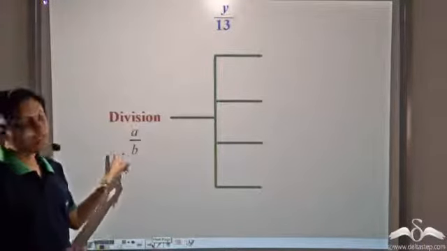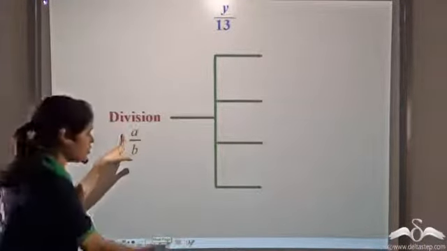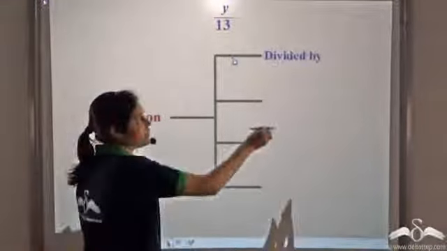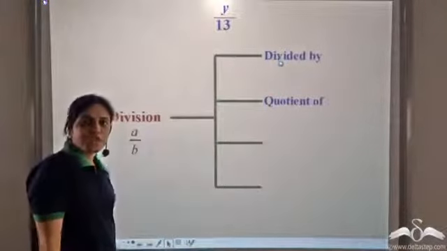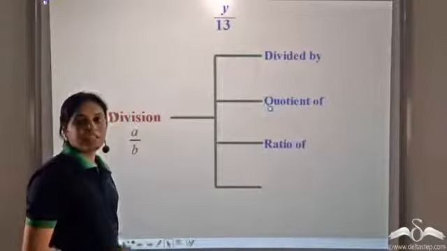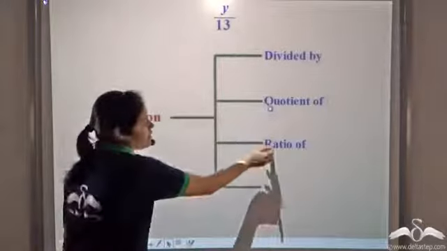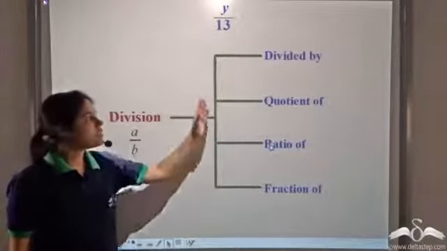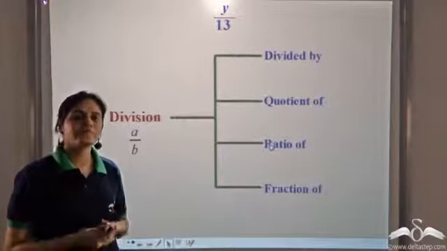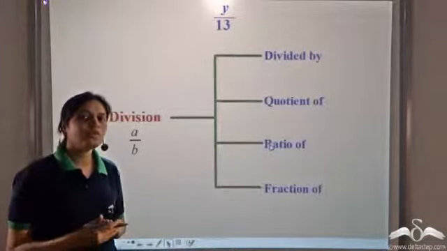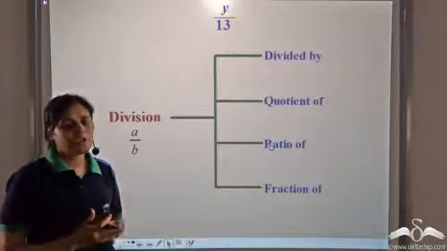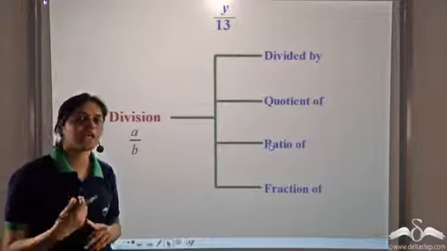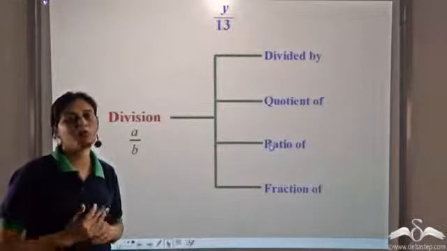So y by 13 represents the division operation. It can be stated as y divided by 13, quotient of y and 13, ratio of y and 13, 1 by 13th fraction of y. As you practice more and more, you will learn many words which represent addition, subtraction, multiplication and division, and you will come to know how to use them.